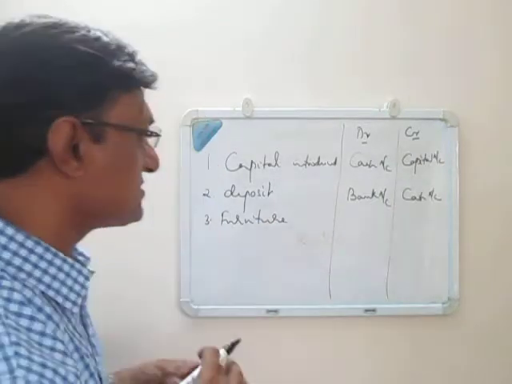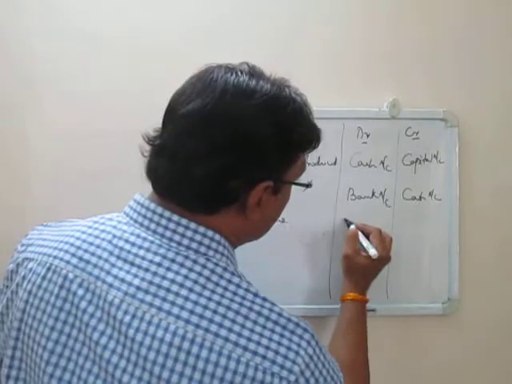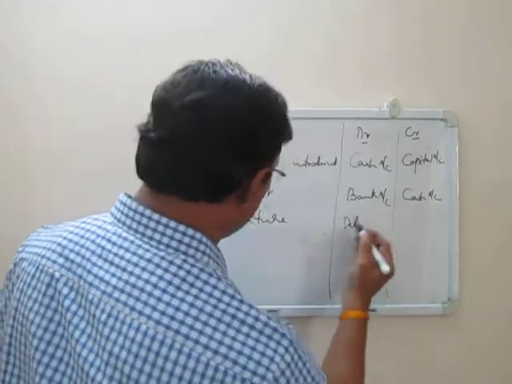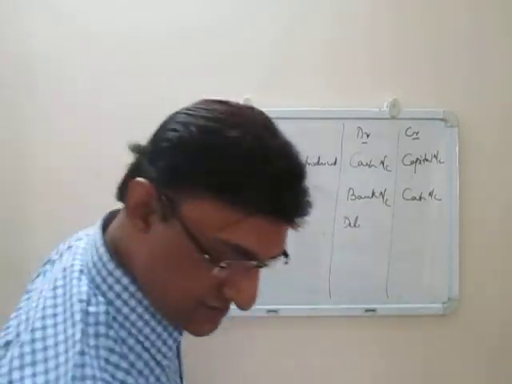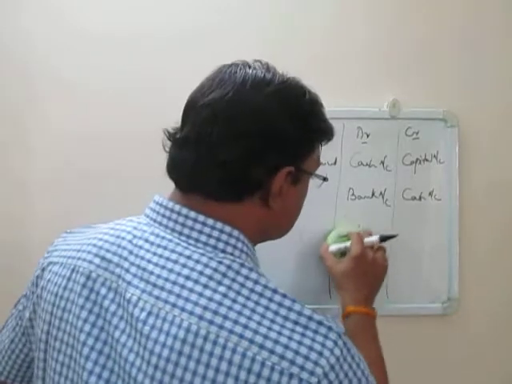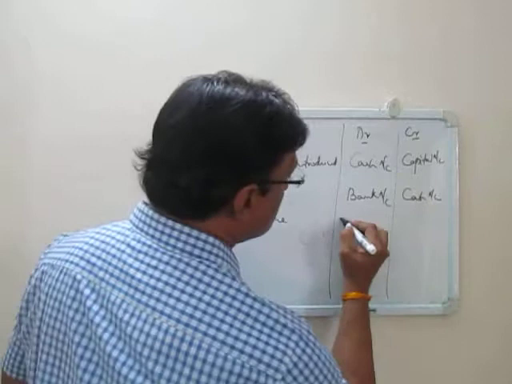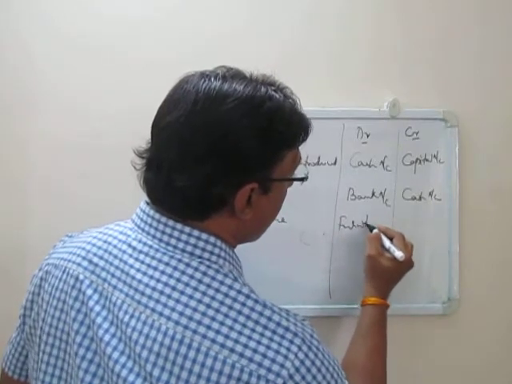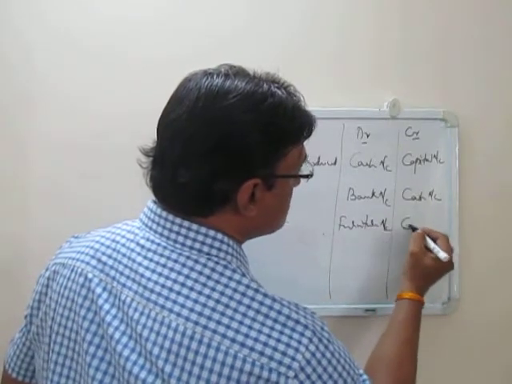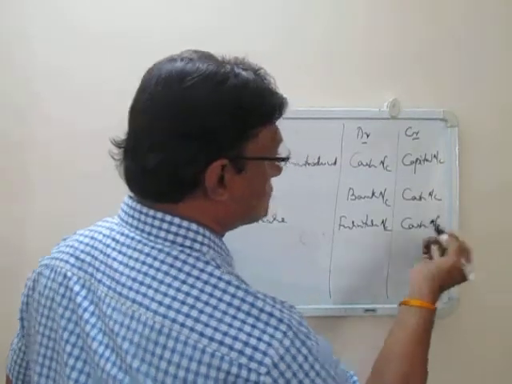Furniture being an asset was debited. So debit was to furniture account. We are analyzing the debits and credits. The debit had gone to the furniture account and the credit was cash account.